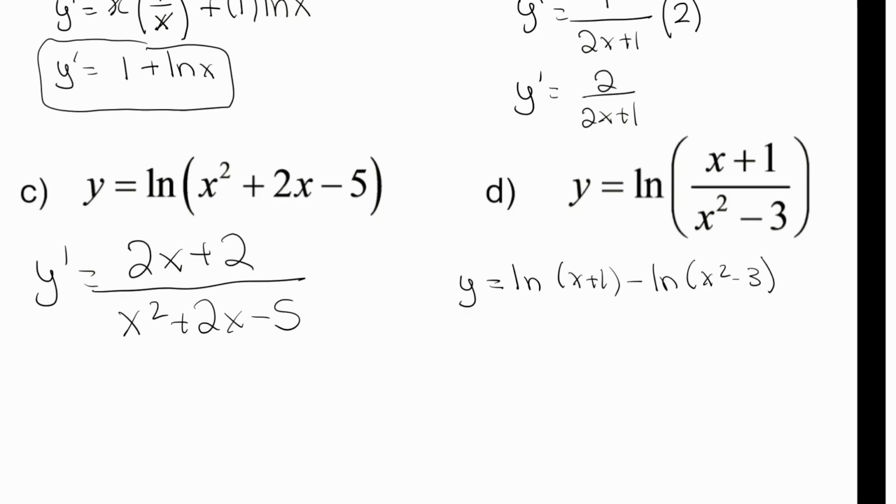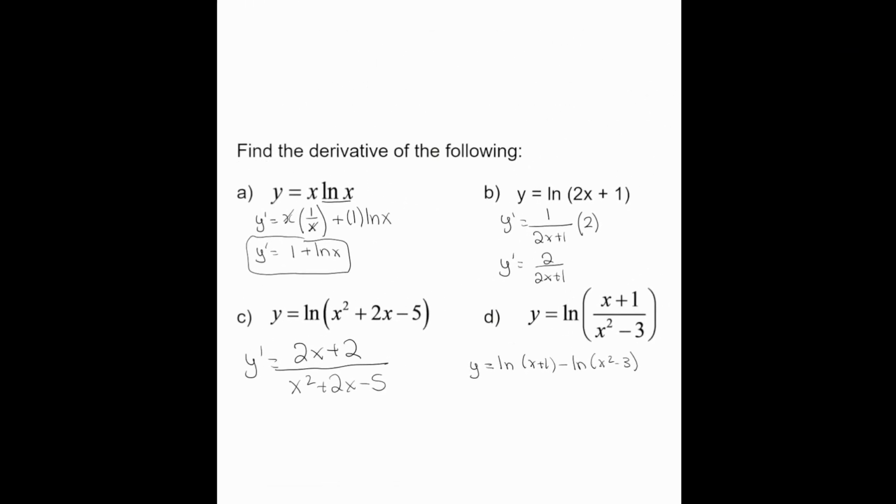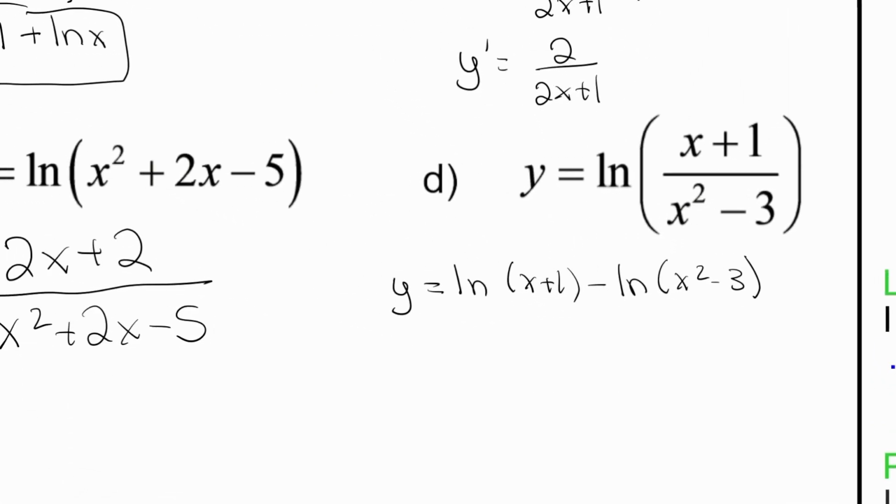Now we have two easy derivatives, because we're going to treat this the same as we treated the previous ones. We're going to do exactly the same thing. So the derivative of ln of x plus 1: remember, the derivative of the inside goes on the top.